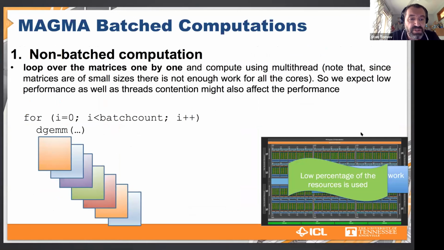So for batch computations, in many applications, you would have to do a sequence of routines that are small in size. And if this was a PowerPoint, you could see the animation, but these are PDF files, so we don't have animation. But basically, if you map them one by one on the GPU, you would not use the GPU efficiently. Many of the cores would not be used.